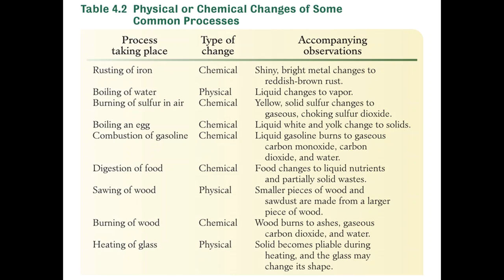So, to end this section here, we're just going to look at this table, which shows you some examples of different changes, chemical and physical, and it tells you the type of changes and the observations, right? And typically, in a chemical change, you look for a couple of things, right? If you see a change in color, right? So let's say, for example, you mix something blue with something red and you get something black, all right?